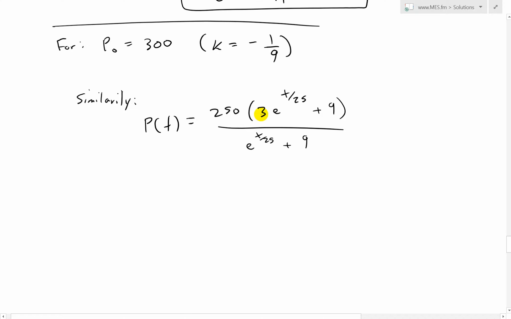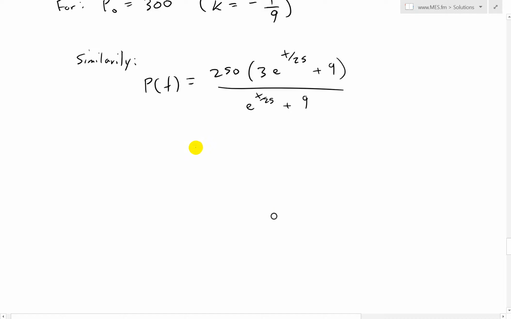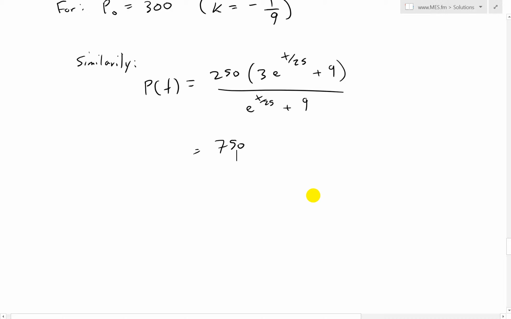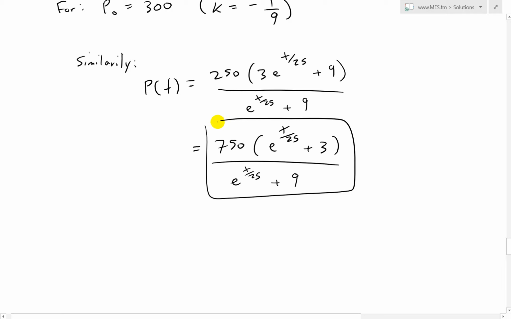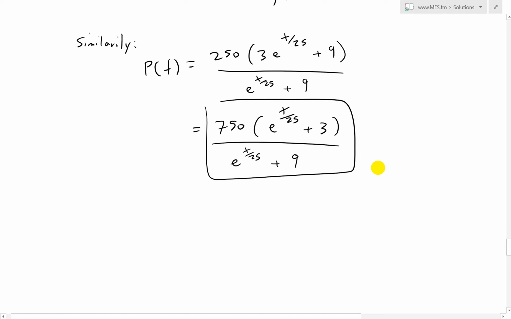And also notice here there's a 3 that was a factor, so we can just take this out, and what we'll end up getting is this 750. 250 times 3 is 750, so it equals 750 times e^(t/25) plus 3 over e^(t/25) plus 9. I'm just simplifying it because my calculus book has it simplified to these formulas.